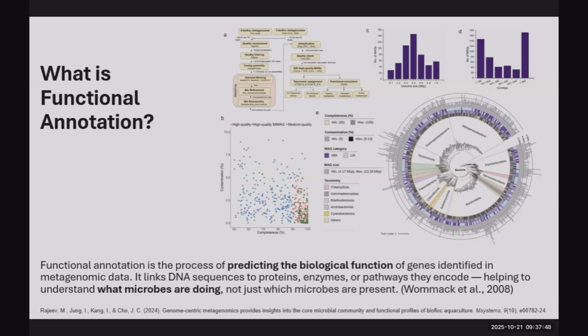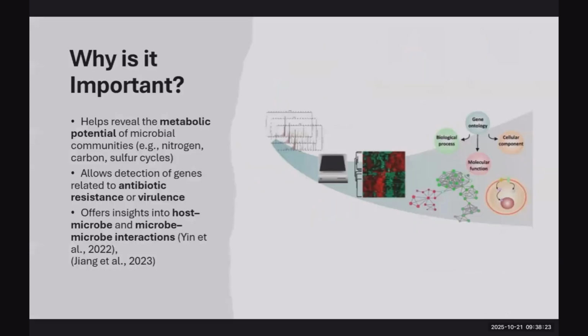Functional annotation is the process of predicting biological function of genes identified in metagenomic data. It links DNA sequences to the proteins, enzymes, or pathways they encode, helping to understand what microbes are doing, how they interact with the host, and which pathways they are activating or deactivating as a result of the metabolites they are producing or the genes that are being produced, and so on.